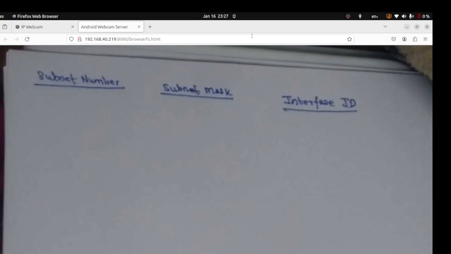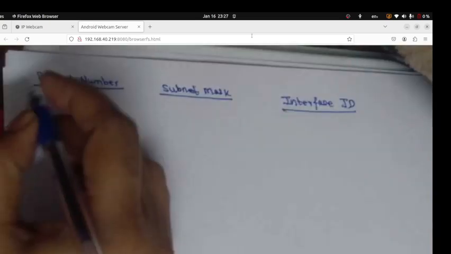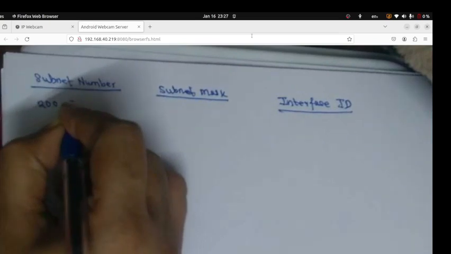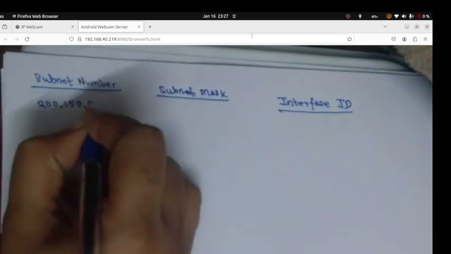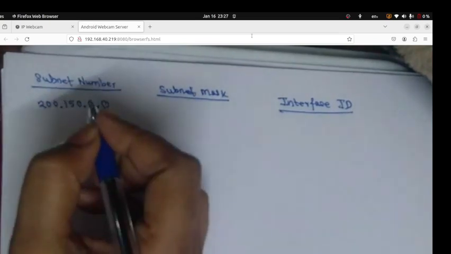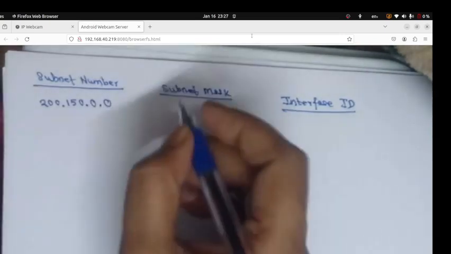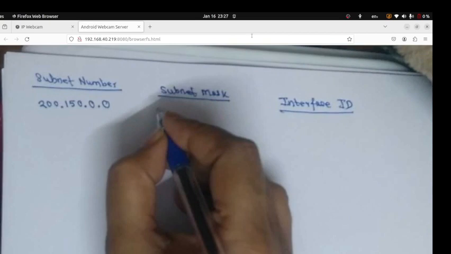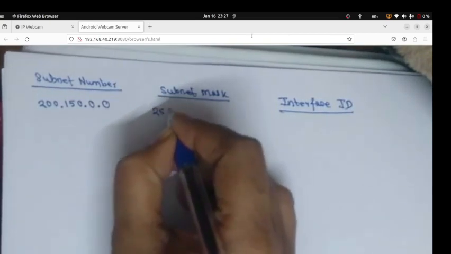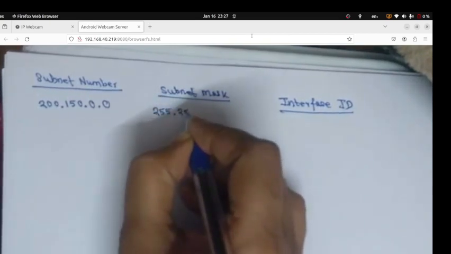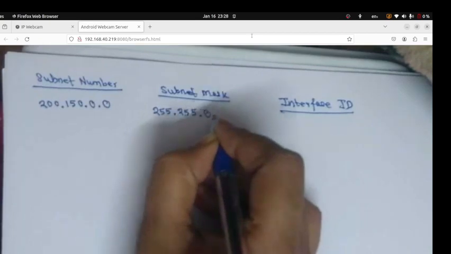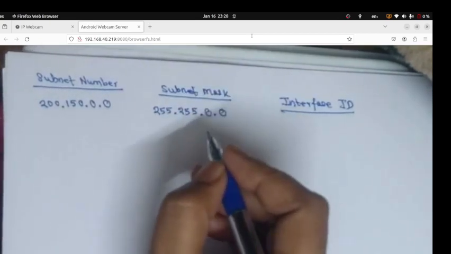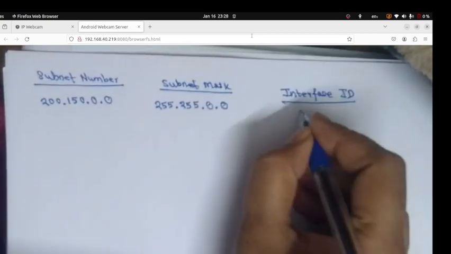For the first row, the subnet number is 200.150.0.0, the value in the second column is 255.255.0.0, and the interface ID is 1.